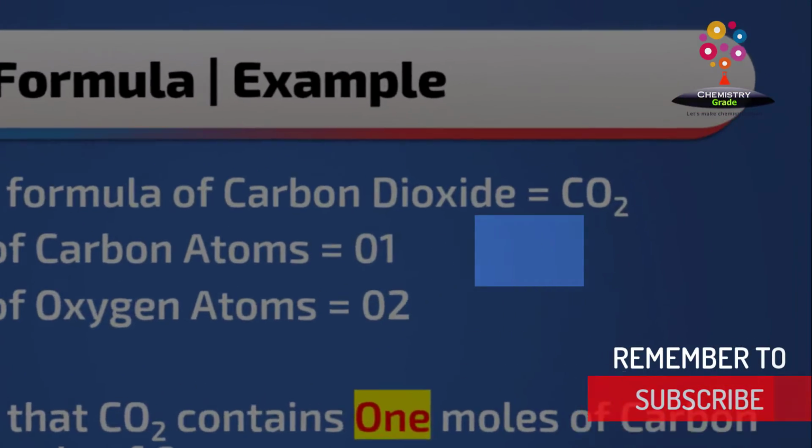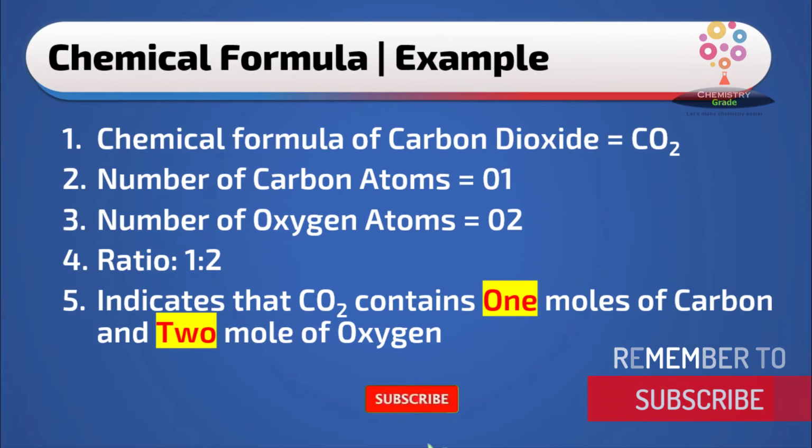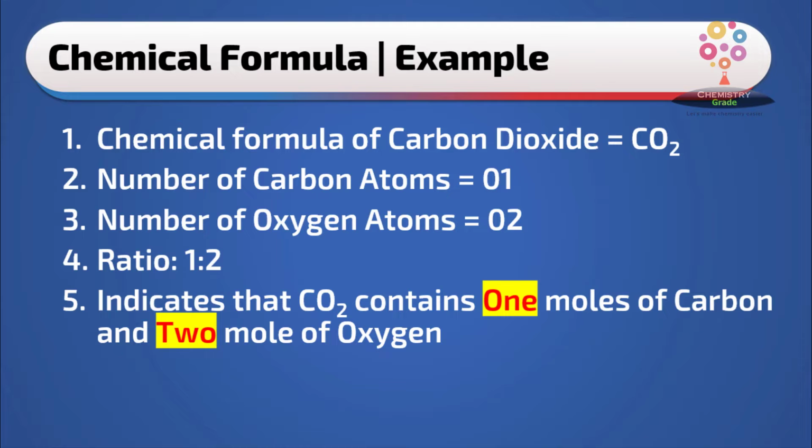Another example is carbon dioxide, CO2, where you can see the number of carbon atoms is only 1, the number of oxygen atoms is 2, so the ratio is 1:2, which indicates that carbon dioxide contains 1 mole of carbon and 2 moles of oxygen.